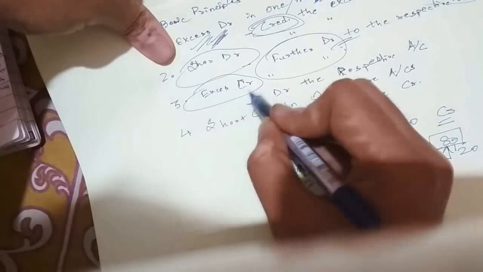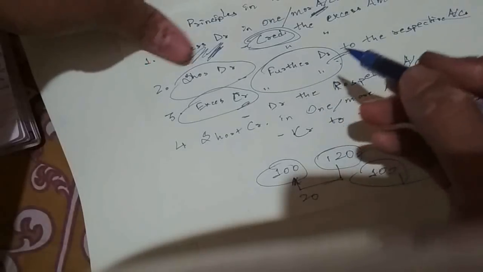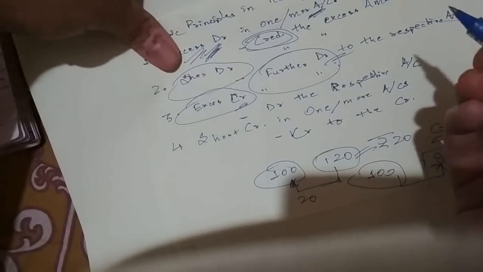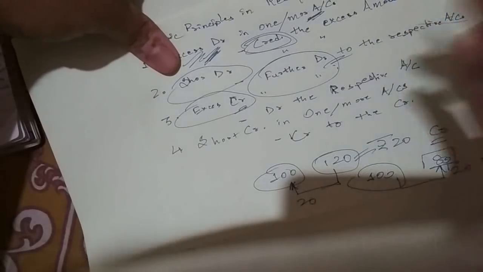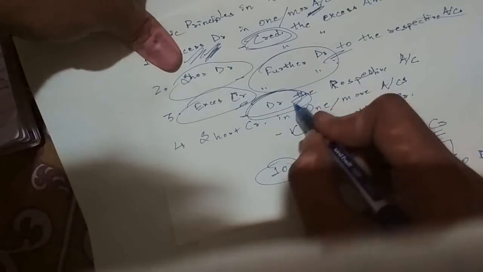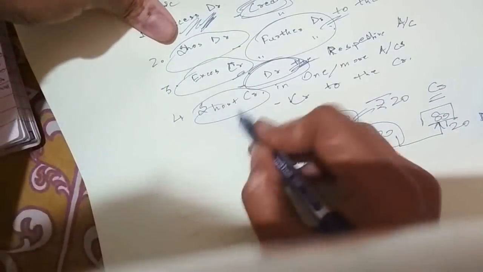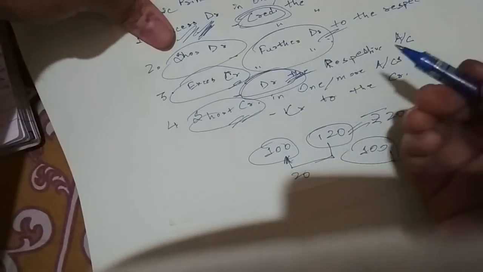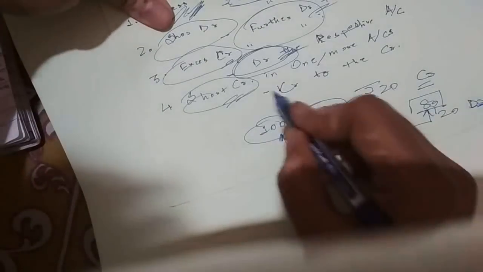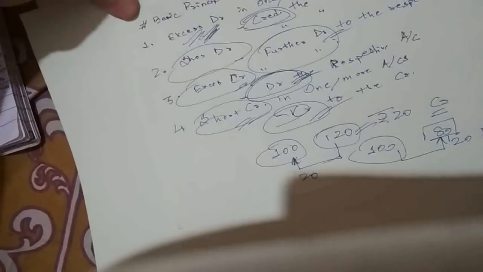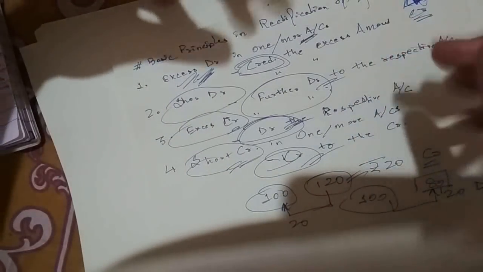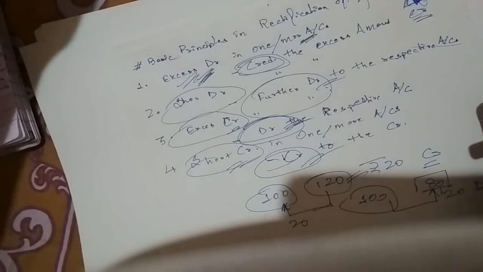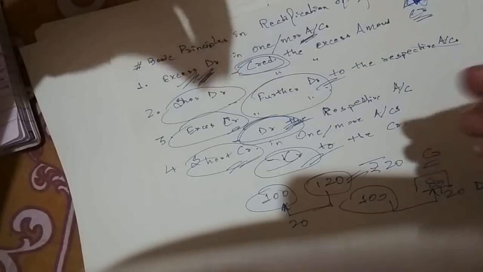Similarly, in case of excess credit, let's say the cheque comes for clearing for 1000 and you credited his account for 2000, what will you do? You will debit. And for a short credit, you have to credit some more amount, so further credit. So this is the rule you need to keep in mind. As I told you before, this is the rule for the general entry.